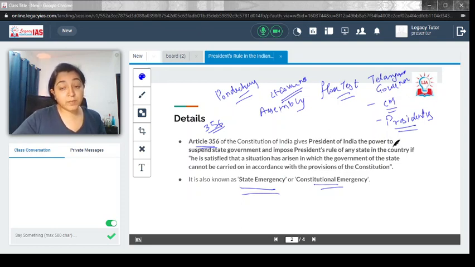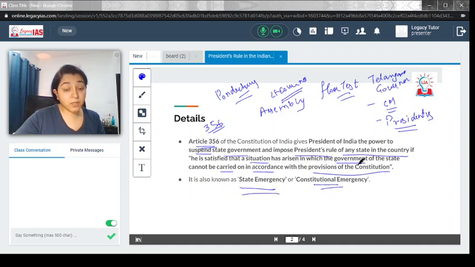It says that the President of India has the power to suspend the state government and impose President's Rule in any state in the country if he is satisfied that a situation has arisen in which the government of the state cannot be carried on in accordance with the provisions of the Constitution.